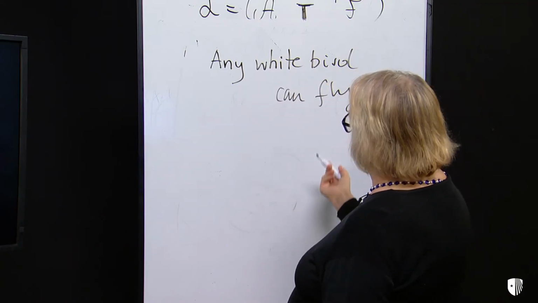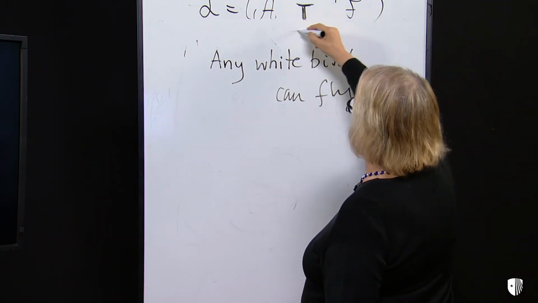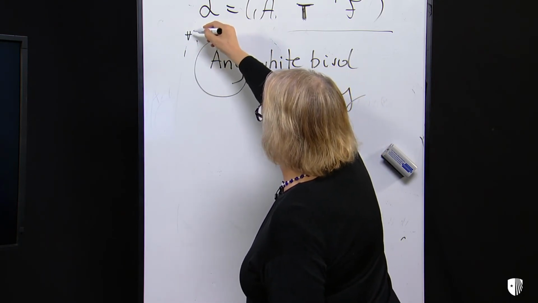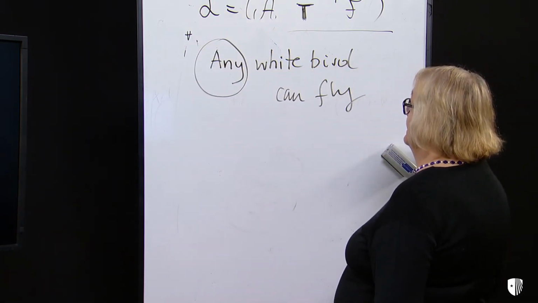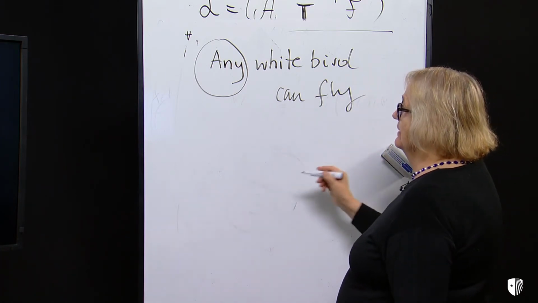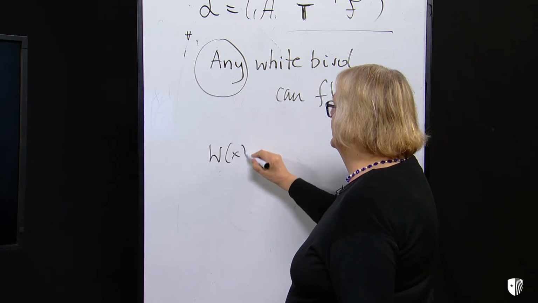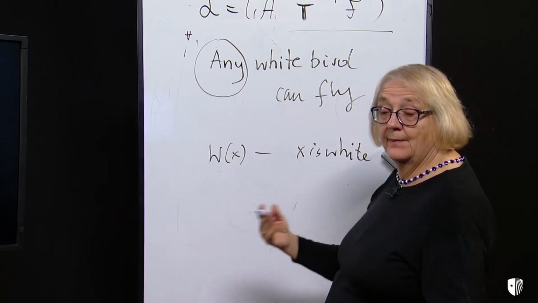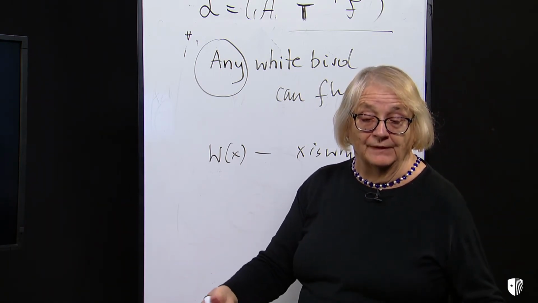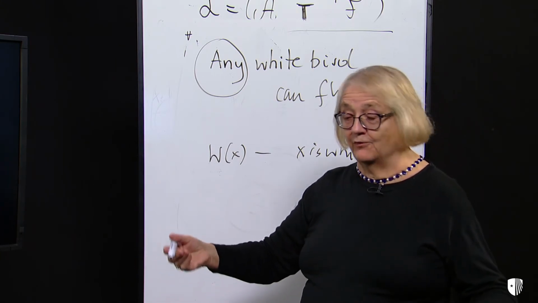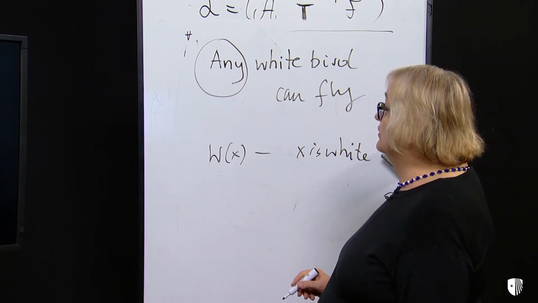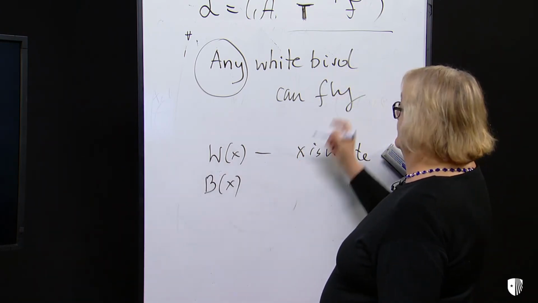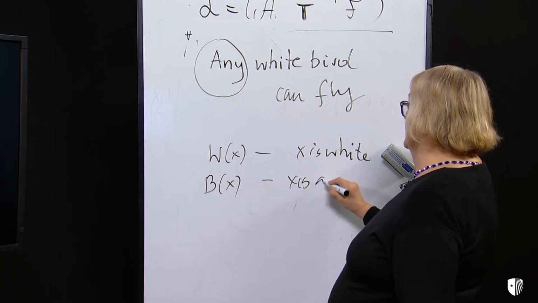So when you look at this, you have to look at it in terms of our predicate language. Any, of course, is for all. Now, white is a one-argument predicate. X is white. To decide that something is white, it belongs to a set of white things. So it's a one-argument predicate. Bird: X is a bird.